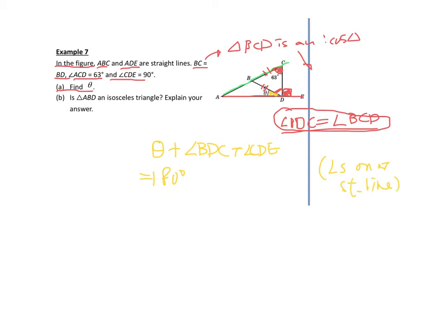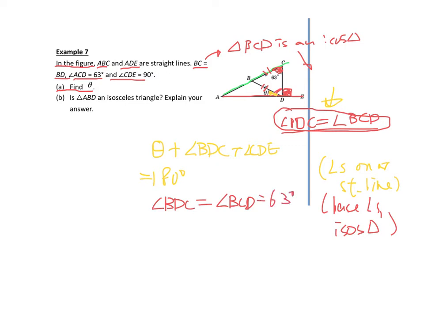Secondly, as what we wrote here, we know that these two angles are equal, so we write this down. Angle BDC is equal to angle BCD. The reason is the base angles of isosceles triangle. So it should be equal to 63 degrees.